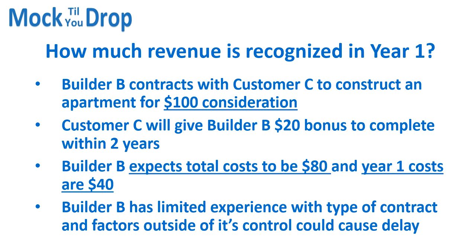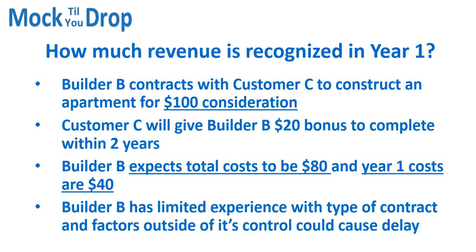So what does this mean? Since builder B has limited experience with this type of contract, and there are factors outside of its control which could cause delay, it may not be able to construct the apartment within 2 years. Therefore, it can't recognize the variable consideration, which is any portion of the $20 bonus, in year one.